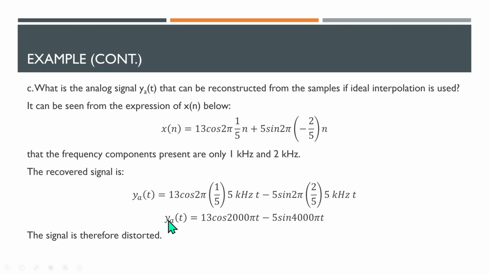Further simplifying, y sub a of t is equal to 13 times cosine of 2000 pi t minus 5 times sine of 4000 pi t. The signal is therefore distorted because it does not represent the original equation of our analog signal.